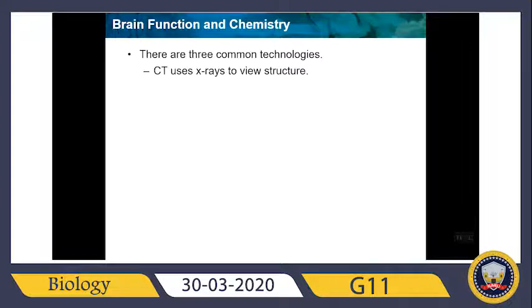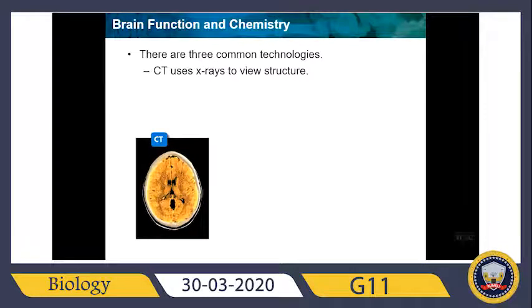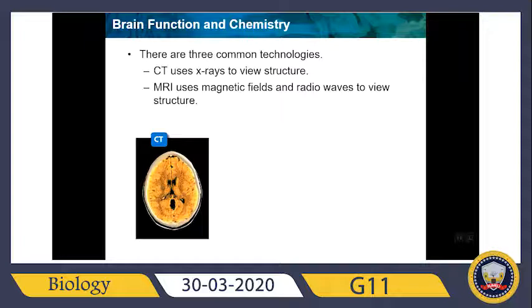The new technological advancement allowed us to do certain examinations like CT, or computerized tomography. CT uses X-rays to view the structure of the brain. We have magnetic resonance imaging, or MRI, that uses magnetic fields and radio waves to view the structure of the brain.